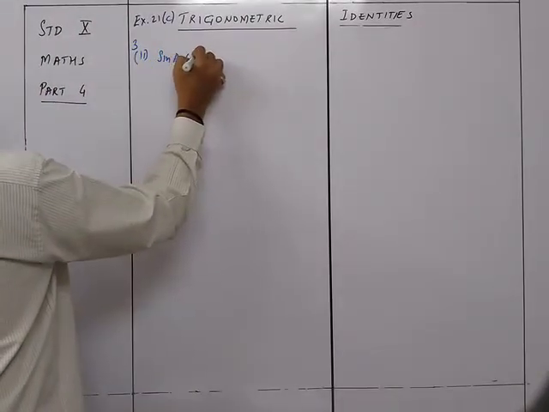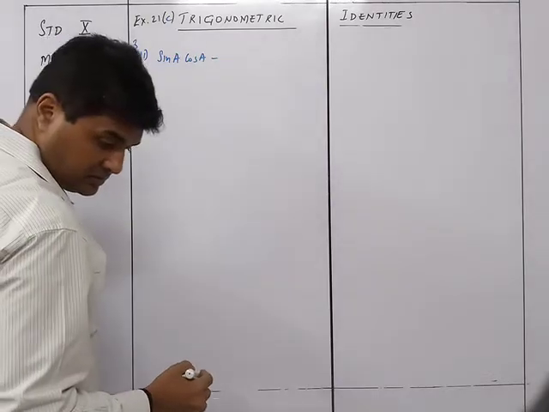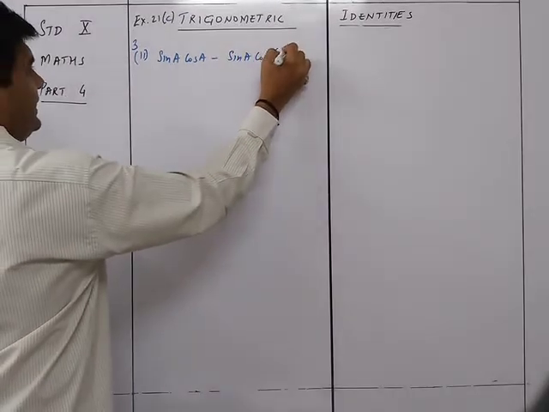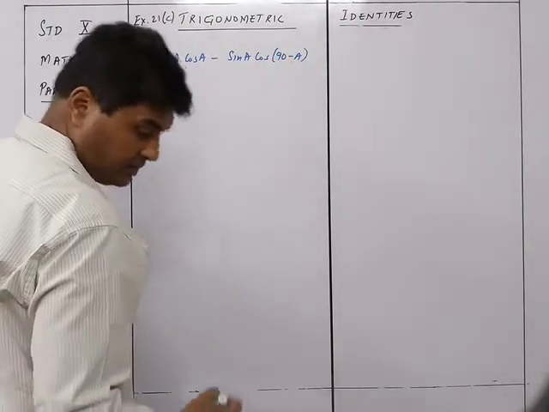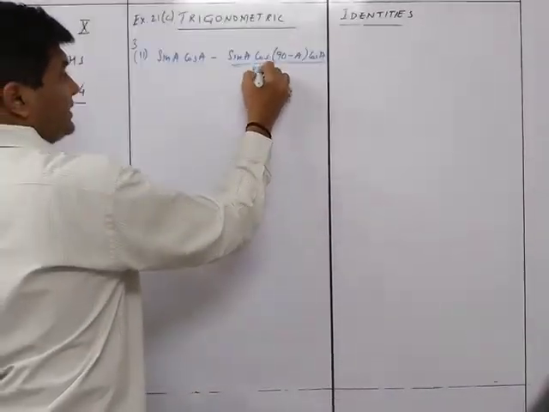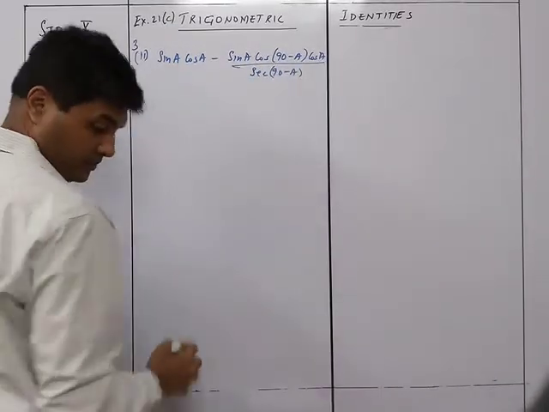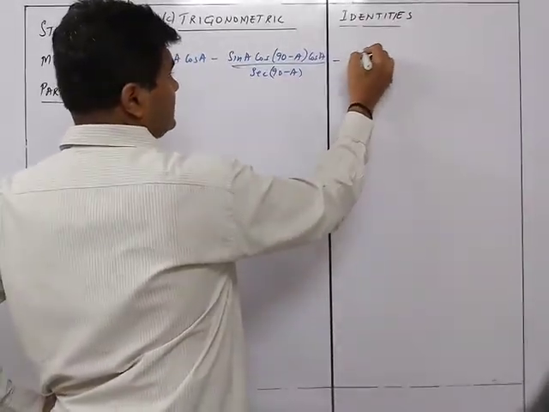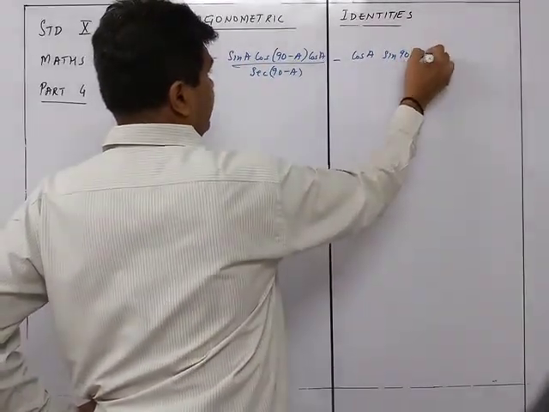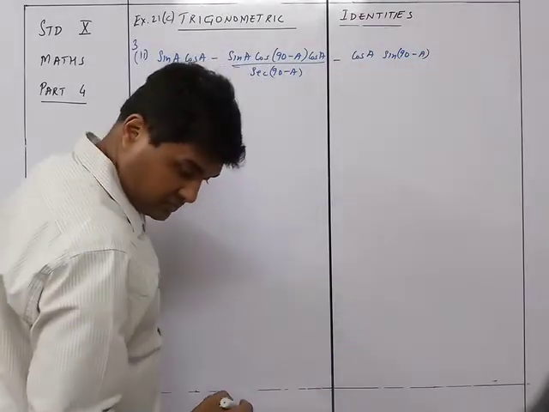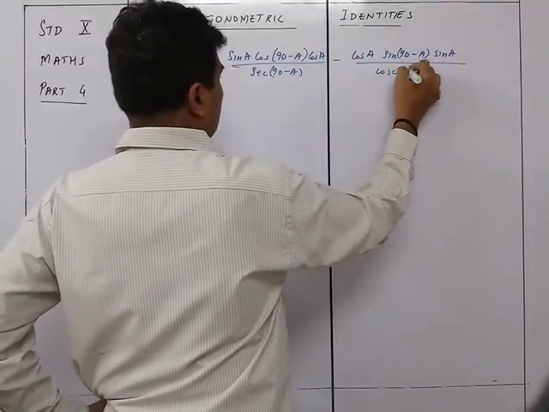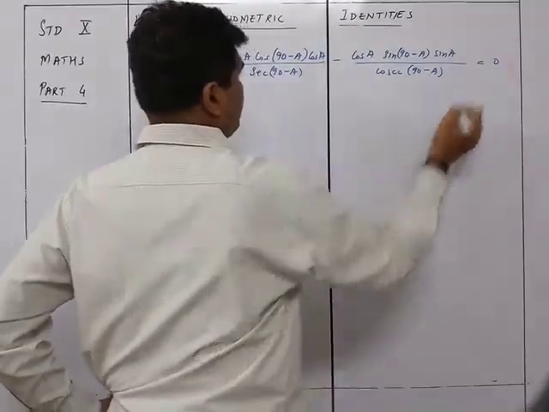Sin A cos A minus sin A cos 90 minus A upon sec 90 minus A, minus cos A sin 90 minus A upon cosec 90 minus A is equal to 0.